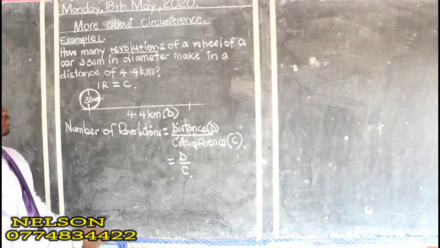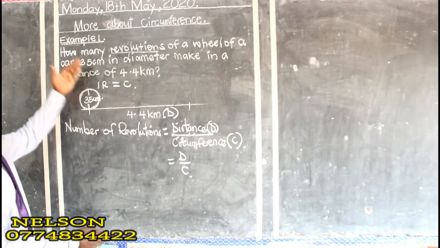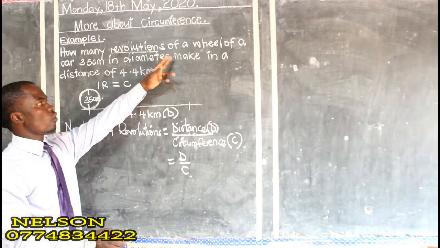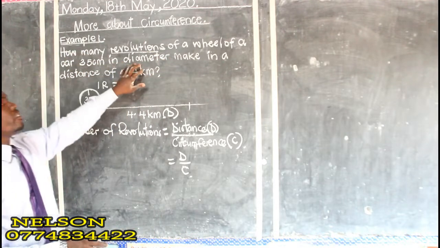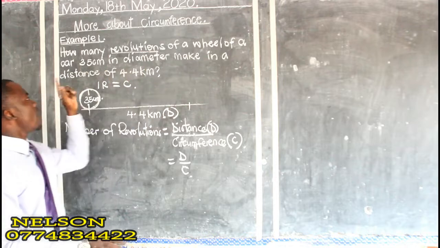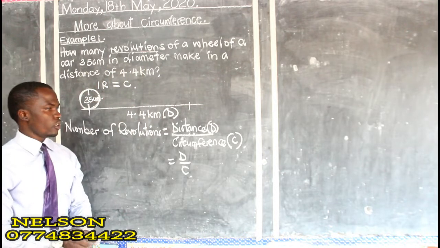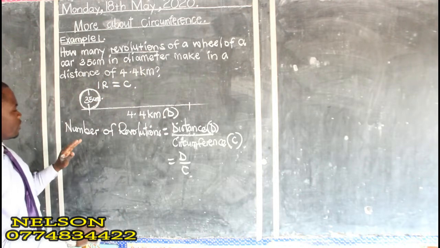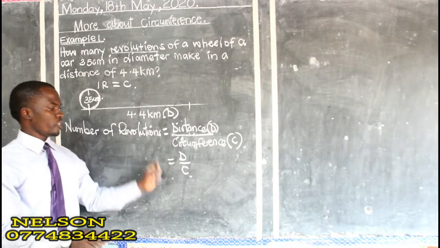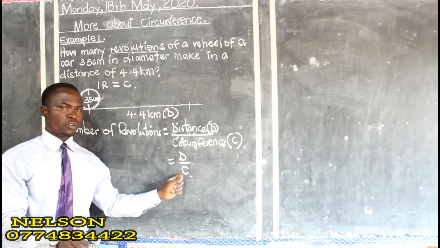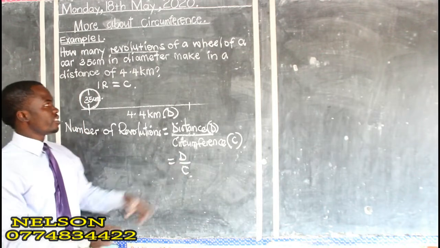Now back to our question. The question is, how many revolutions does a wheel of a car, 35 centimeters in diameter, make in a distance of 4.4 kilometers? The formula is number of revolutions, which they're asking for, equals distance out of circumference. Do we have distance?